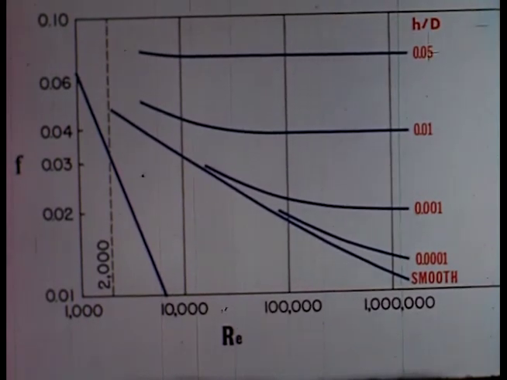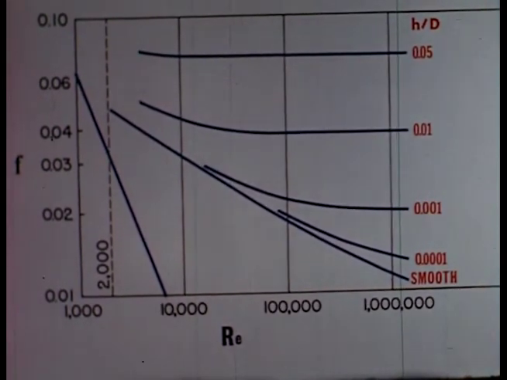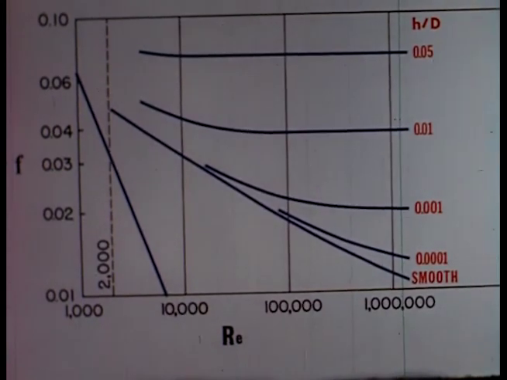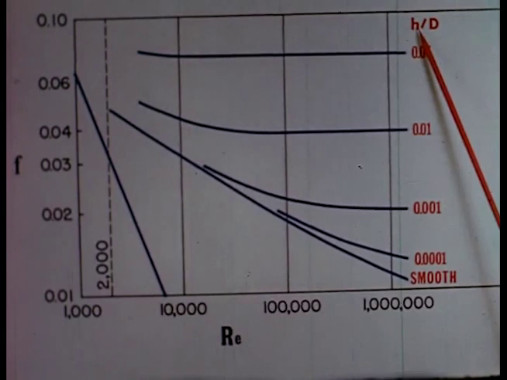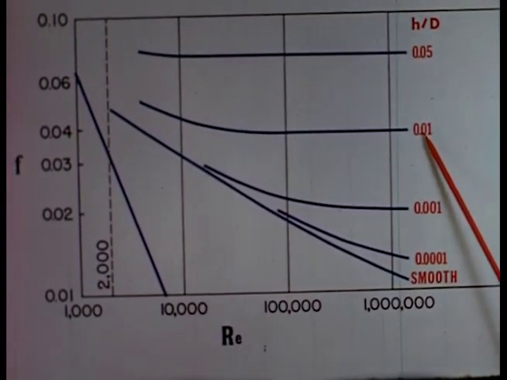This is a standard pipe friction factor diagram. It is based on the averages of a great many experiments on various sizes of pipes with different kinds of surfaces. Equivalent roughness height is expressed in terms of pipe diameter here.